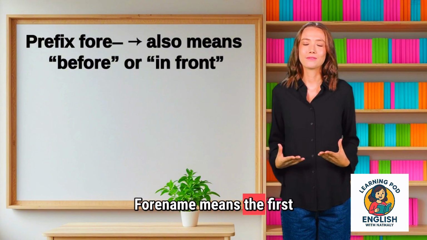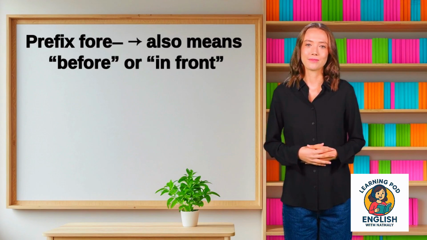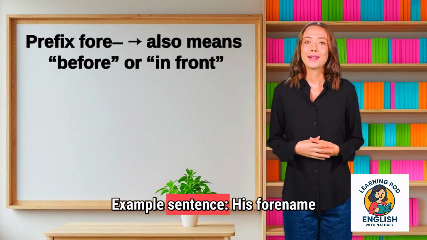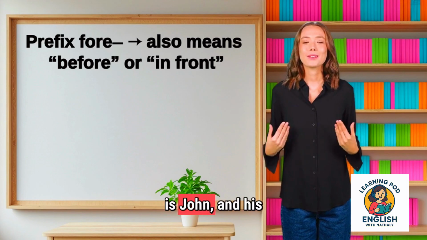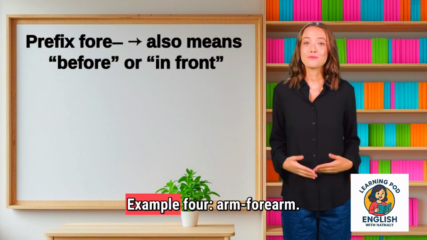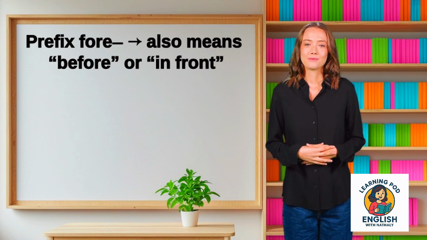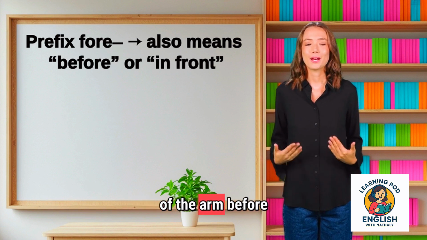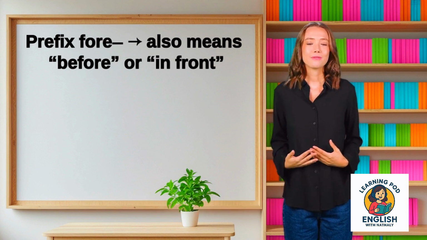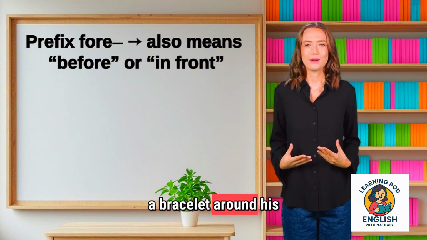Forename means the first name, the name that comes before the surname. Example sentence: His forename is John and his surname is Smith. Example 4. Arm, forearm. Forearm means the part of the arm before the hand. Example sentence: He wore a bracelet around his forearm.